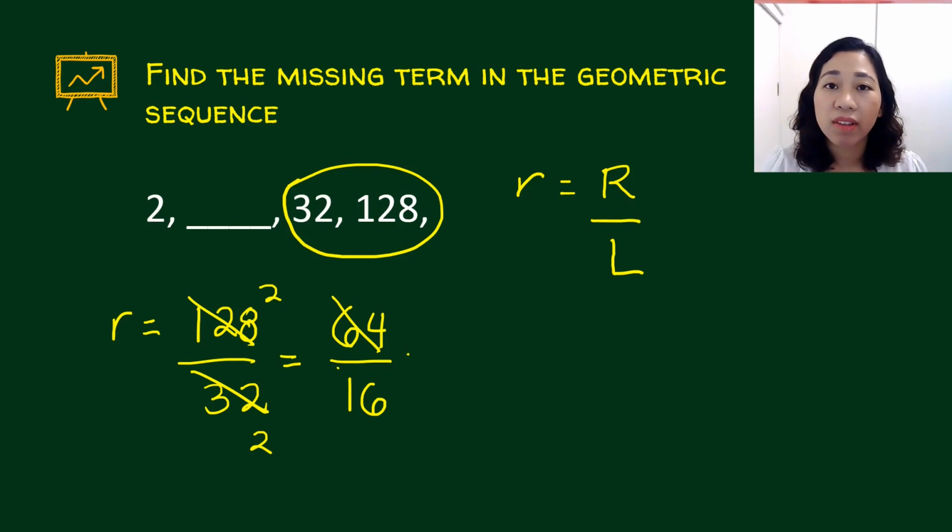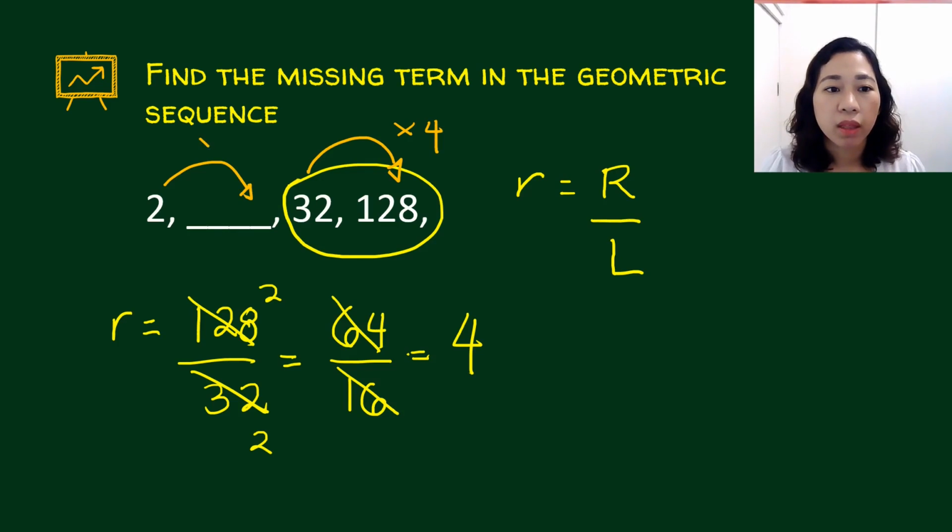Actually 64 over 16 is equal to 4 because 16 times 4 is 64. So anyway, my point here is that we now know that the ratio is 4. So therefore, the next term is 2 times 4. So the answer is 8. Let's just check if we are right. 8 times 4 is 32, so we're right.